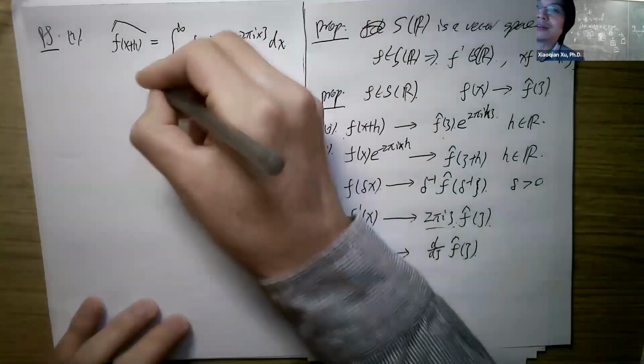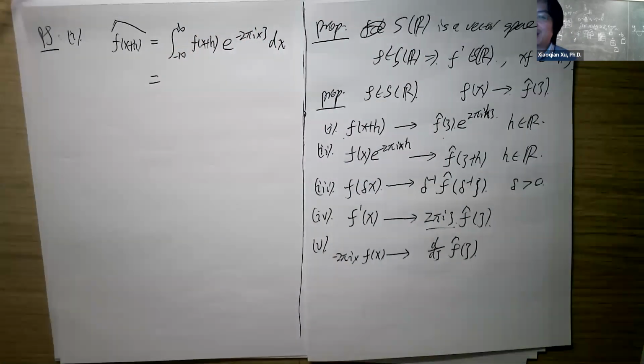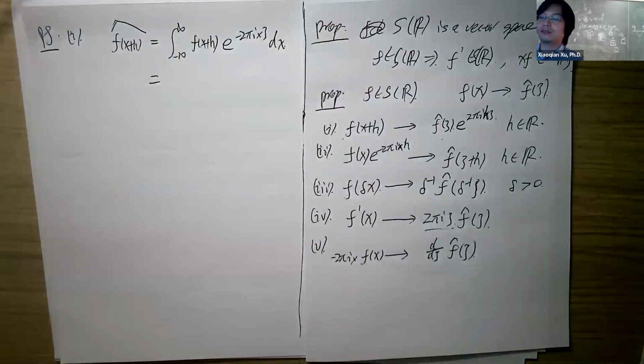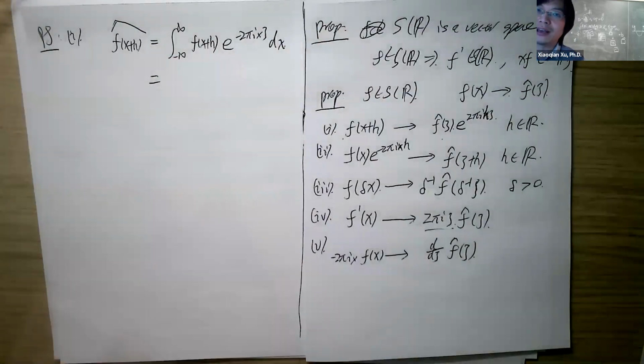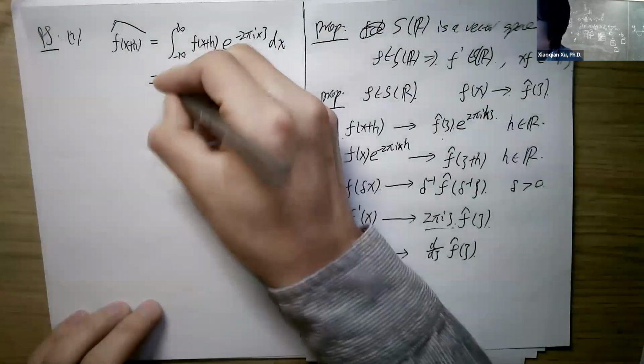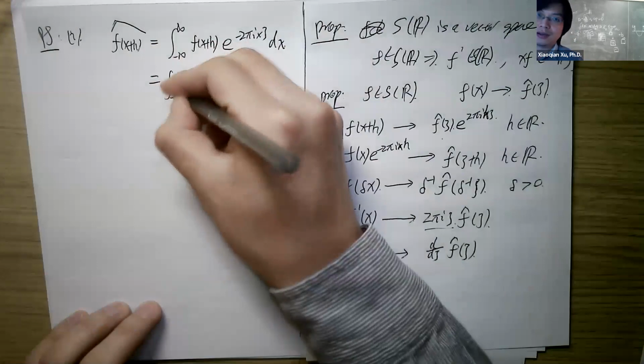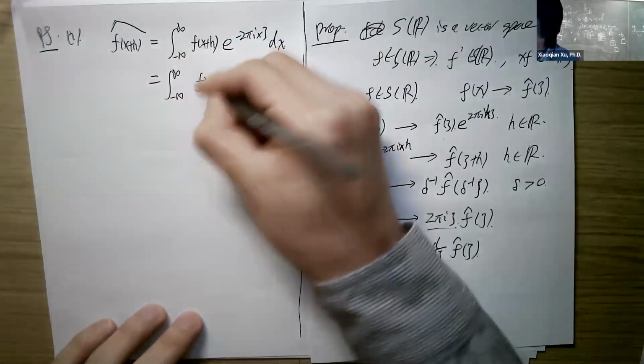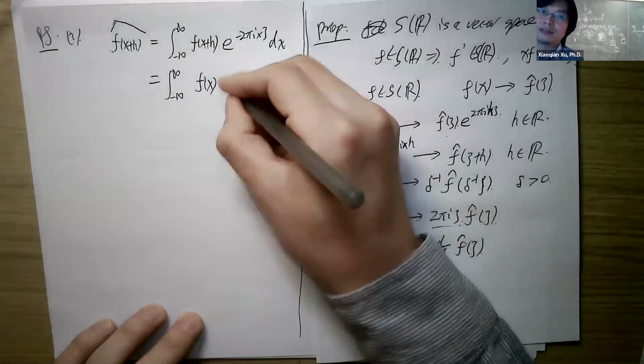You just need to do a change of variable. And we know that if you do the change of variable, as long as this part is a good function, you still get a good function. So you don't need to worry about it. Formally, you can do that. From minus infinity to infinity, it doesn't change. You still get f(x). But here, you should change x to be x minus h.